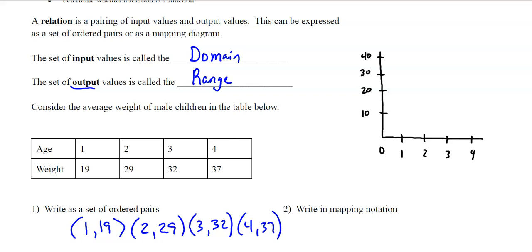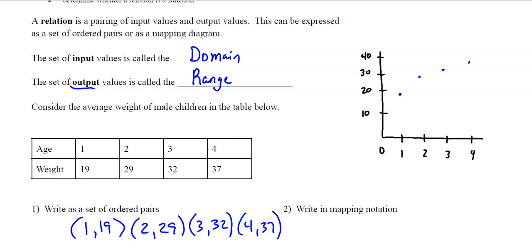So we could have a set of ordered pairs, but then we could also map it out and do like 1 goes to 19, 2 goes to 29, and 3 goes to 32, and then 4 up to about 37. So we could see that this is not a linear relationship.